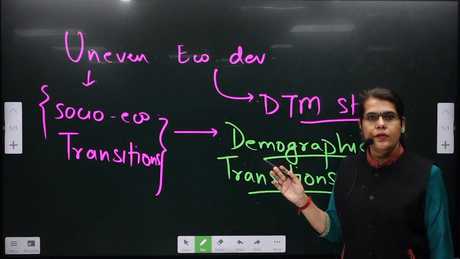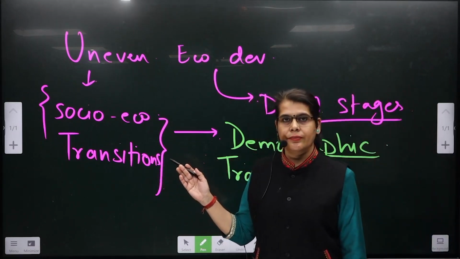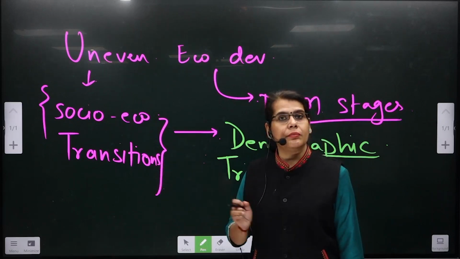That is, when we are talking about the socio-economic transitions, are they reflected across the different stages of even DTM?